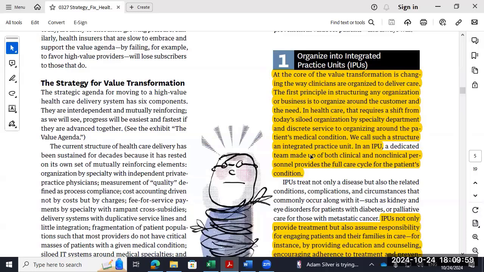An IPU team made up of both clinical and non-clinical personnel provides a full care cycle for the patient's condition. You saw a little bit of that in the video, that one part of the video where people are sitting in a room talking about a patient. That's essentially what he's saying. There's people from every practice in there, not the surgeon that's going to make money operating on the person. You don't want that person driving it. You want to have a much more integrated group.